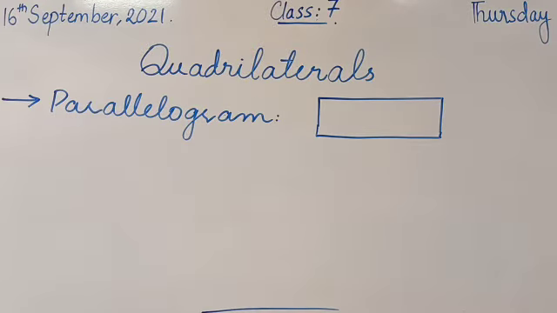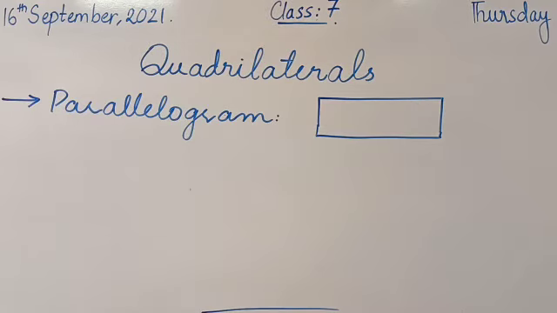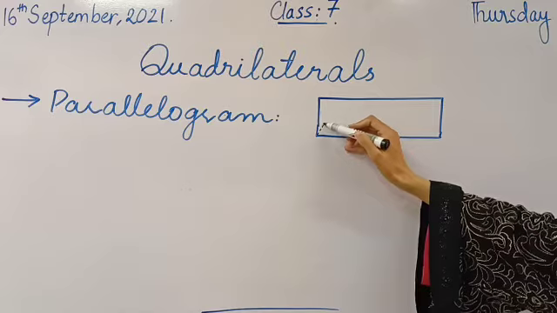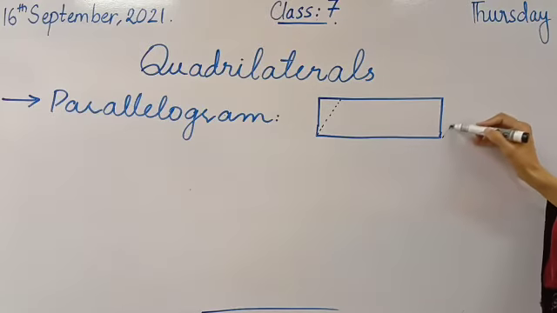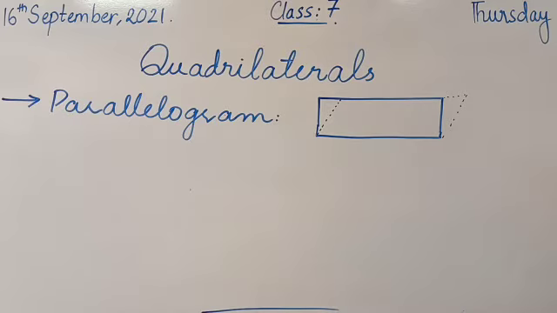But if I push the upper corner of this rectangle to the right side like this, it will become a shape like this. What shape do we have? This is a parallelogram.